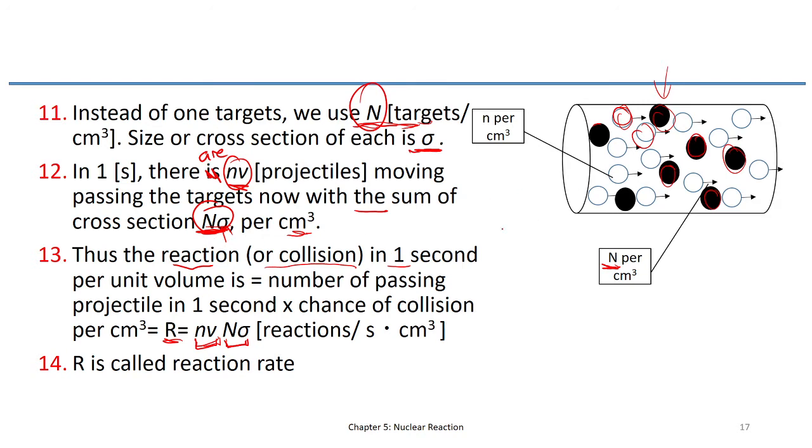So the multiplication of the number of passing projectiles in 1 second with the chance of collision per unit volume is just the interaction, or the reaction. Since everything occurs in 1 second, the multiplication of nv with N sigma is what we call the reaction rate.